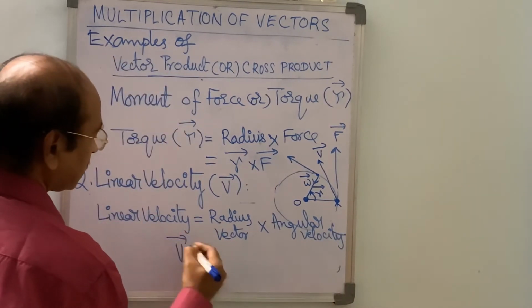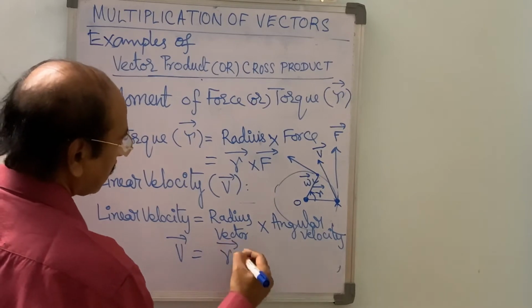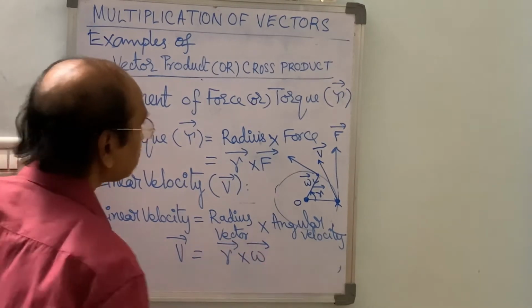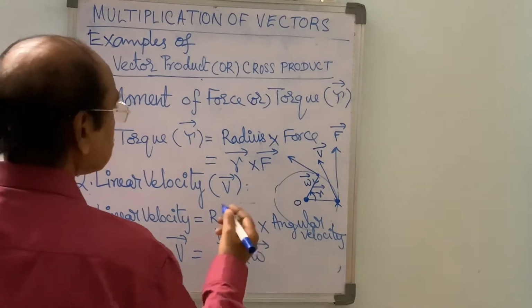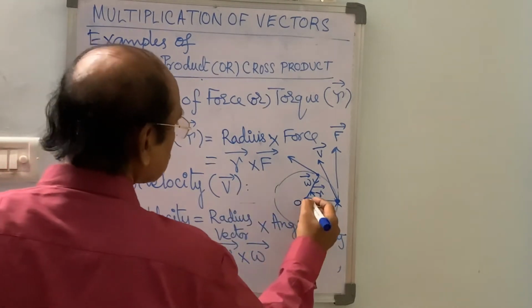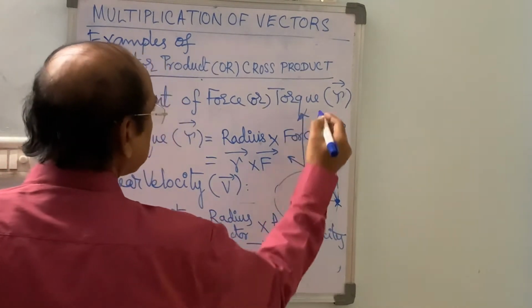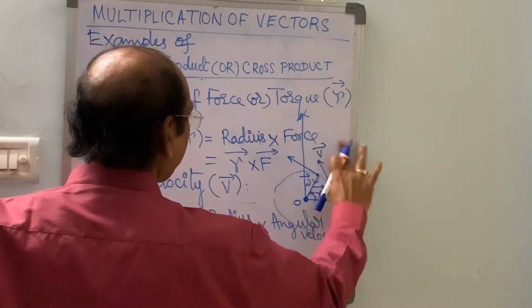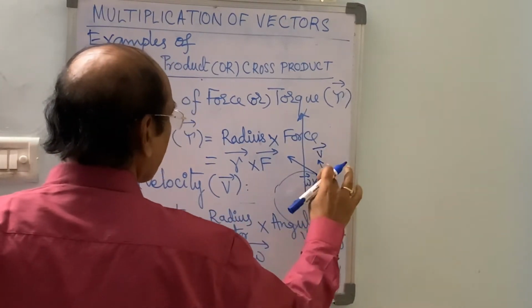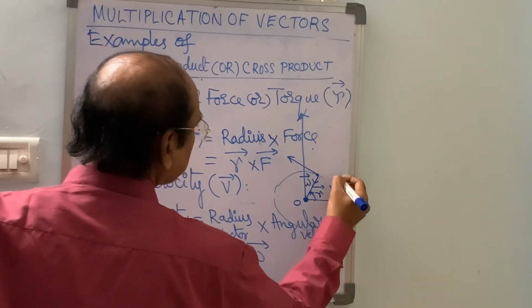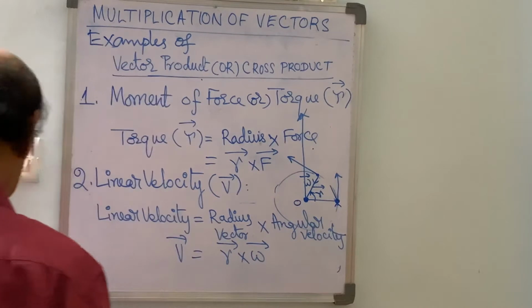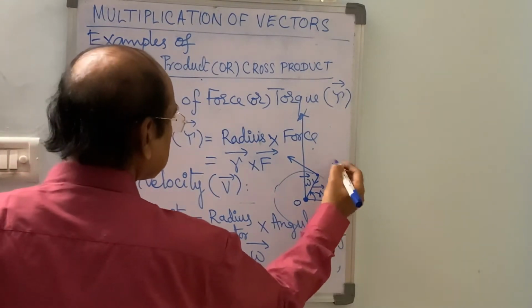So v bar is equal to r bar cross omega bar. So the resultant vector is in this direction. For example, if it is r bar in this direction, at this point.